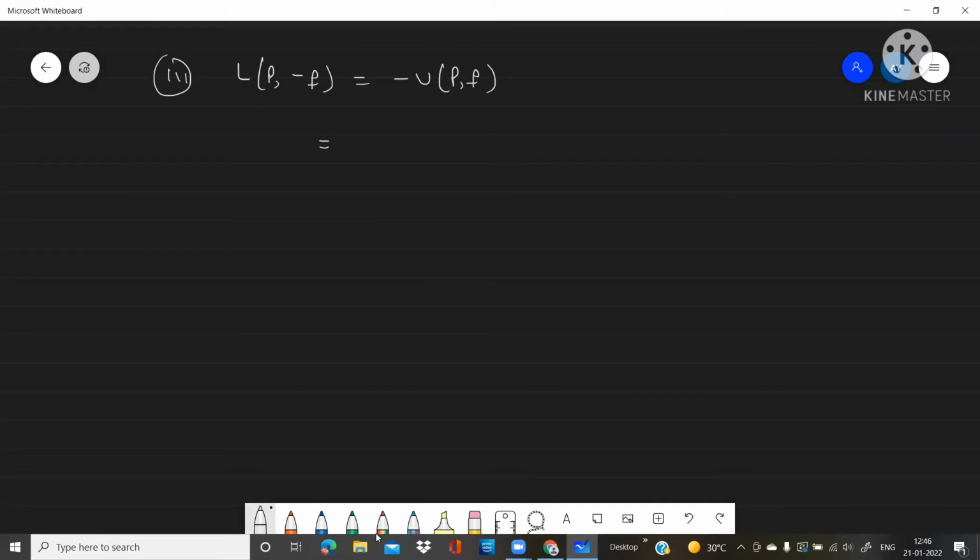I'm just writing summation r equals 1 to n of minus capital Mr into delta r. Again, put minus outside, you'll get summation r equals 1 to n of capital Mr into delta r. So what is this? Minus UPF.